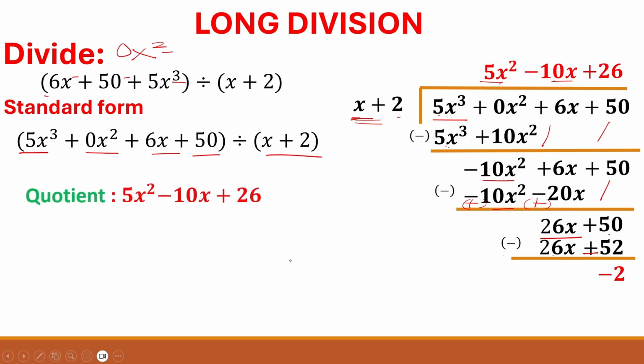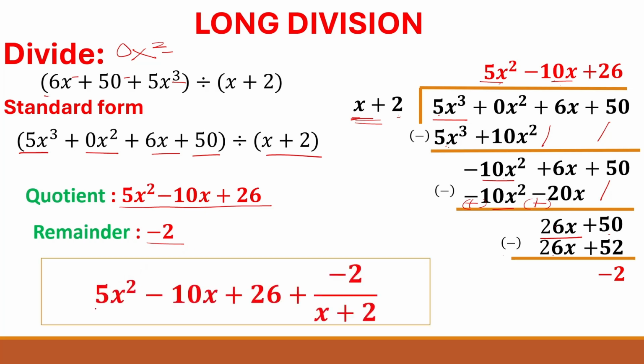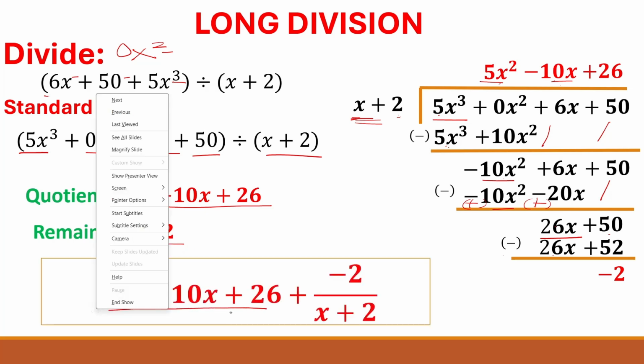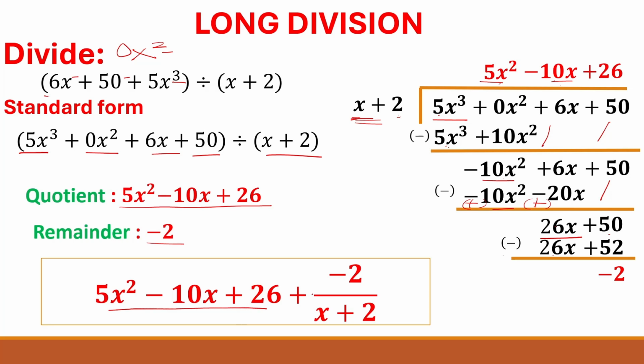Okay, now the quotient is 5x squared minus 10x plus 26, and the remainder is negative 2. So our final answer is 5x squared minus 10x plus 26 plus negative 2 over x plus 2.